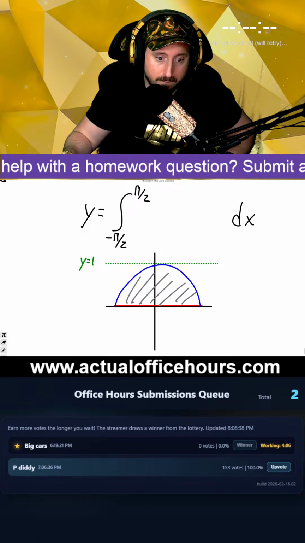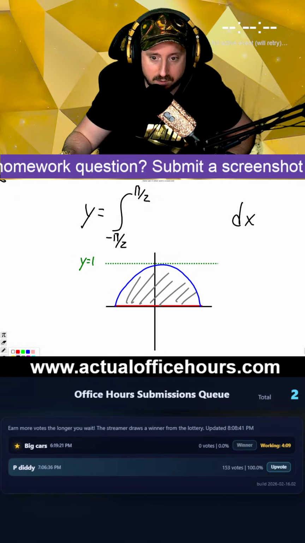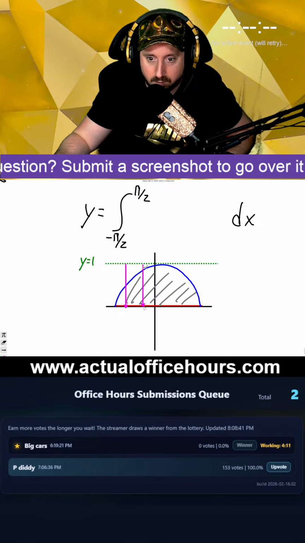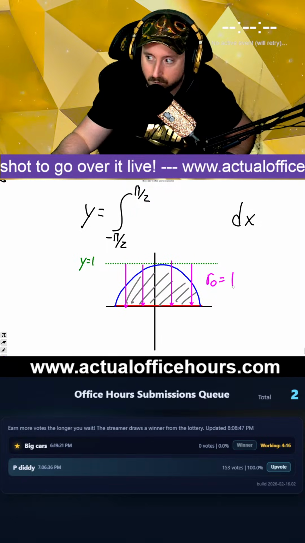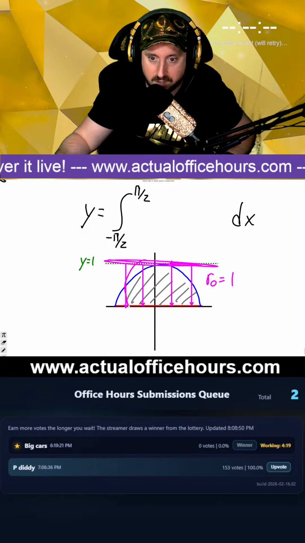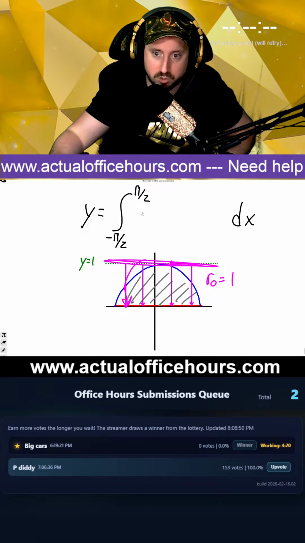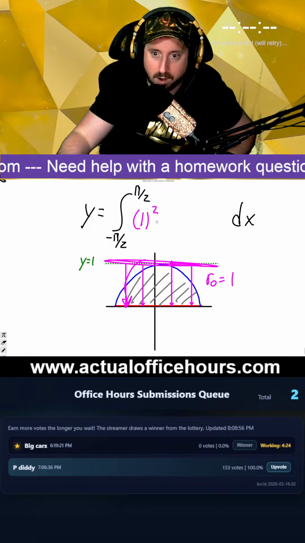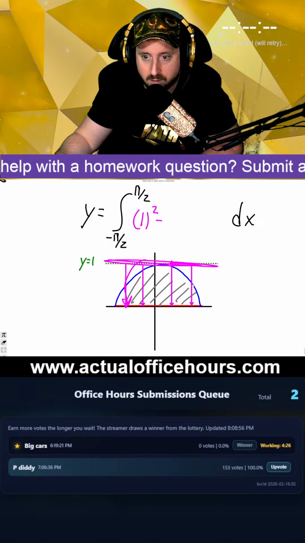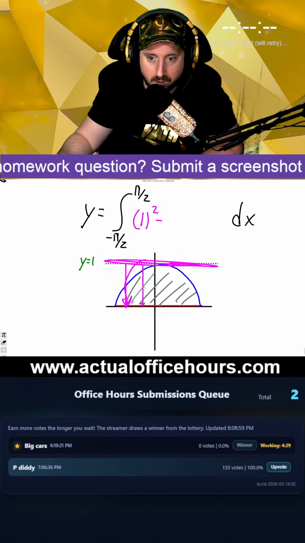So the outer radius is always going to be equal to 1, right? Because the distance from here to the outside part of my volume of revolution is always going to be 1. So you have 1 squared minus, okay, but now I need to get r inner.